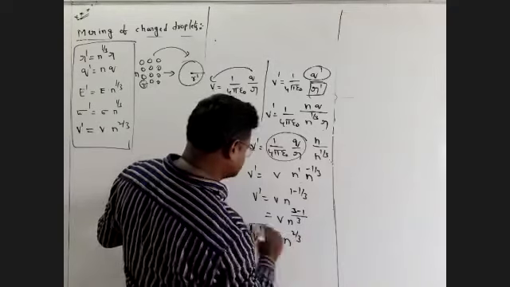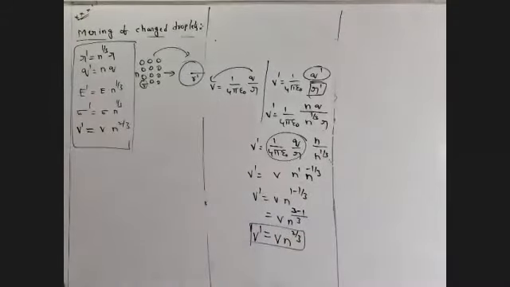So V dash is equal to V into n power of 2 by third.